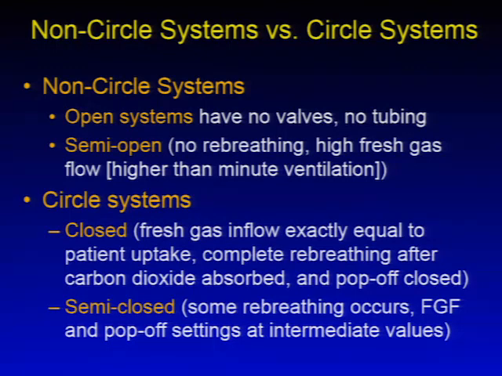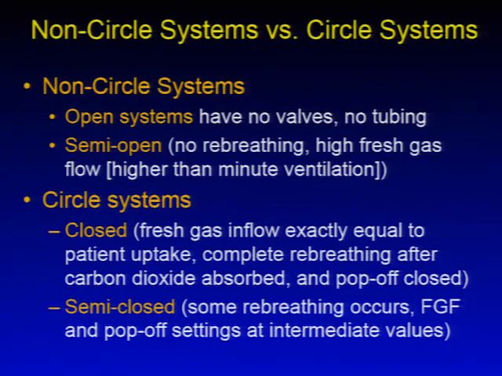And then the usual anesthesia machine has a circle system, and you have closed and semi-closed. Semi-closed is the typical circuit system you use in daily practice, especially for the adult population.